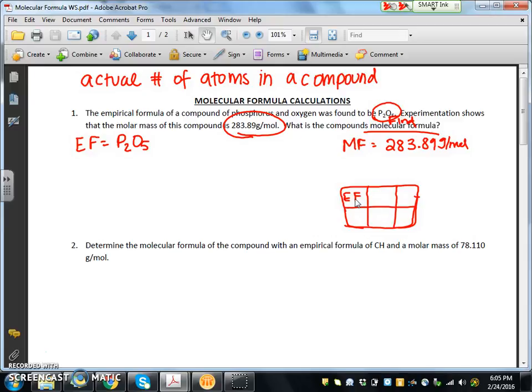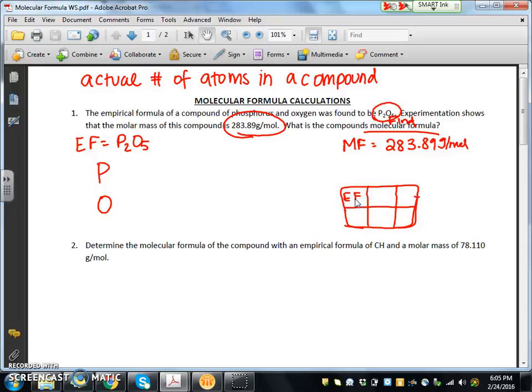So in order to do that, I need to calculate the molar mass of my empirical formula. So I'm going to calculate the molar mass of P2O5. Again, if you are having trouble with calculating molar mass, please refer to my molar mass video and watch that first.